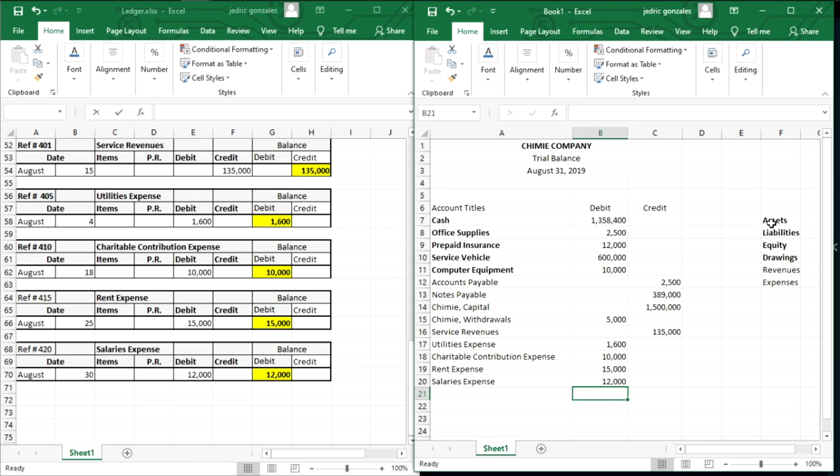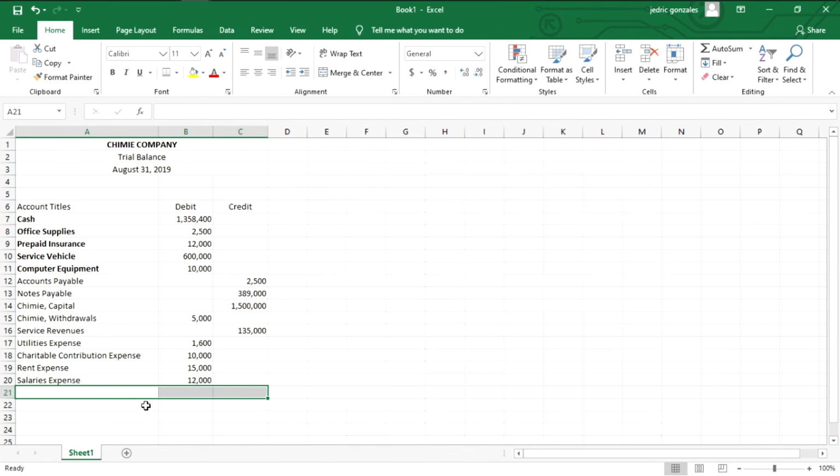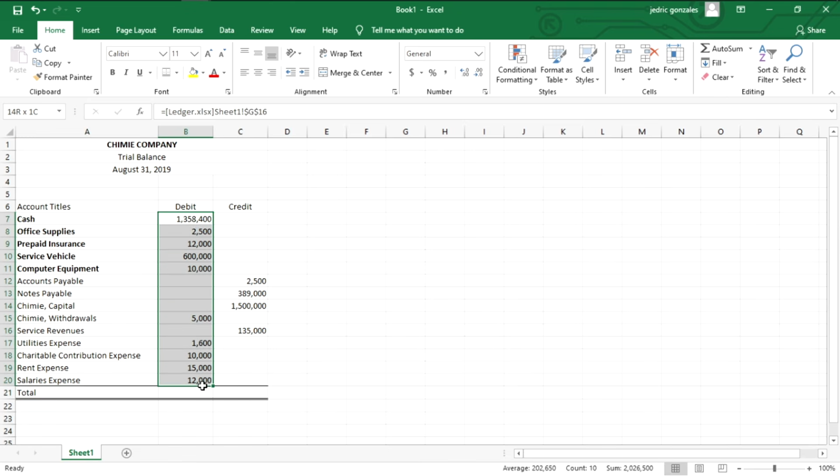Okay, burahin na natin to ha, kasi we're done with that. So, ang goal natin is mabalance si debit kay credit. Okay, pwede na natin galawin to. So, i-total na natin siya. Total. Sige, tingnan natin. Alright.